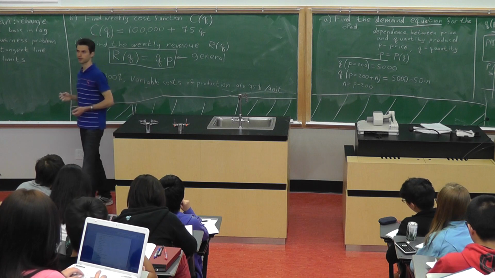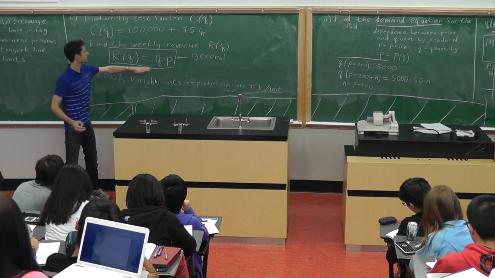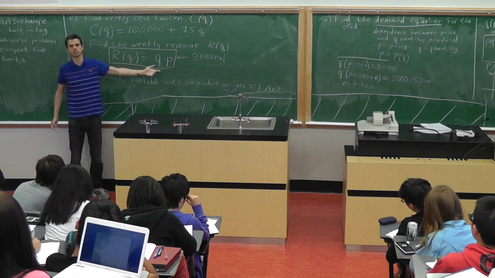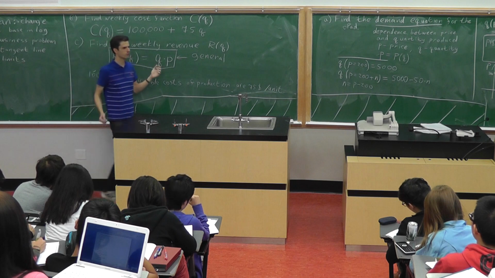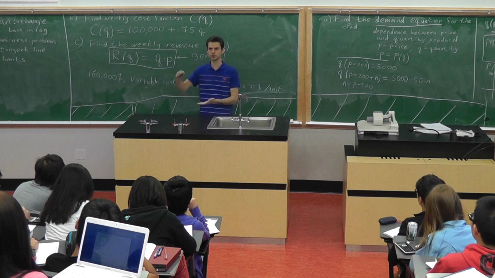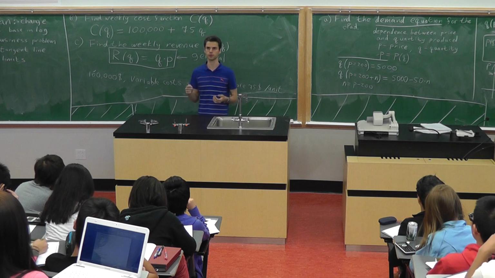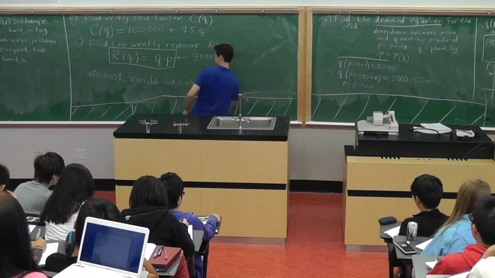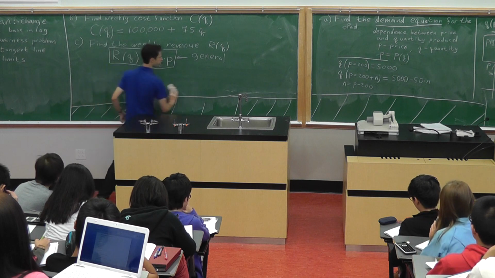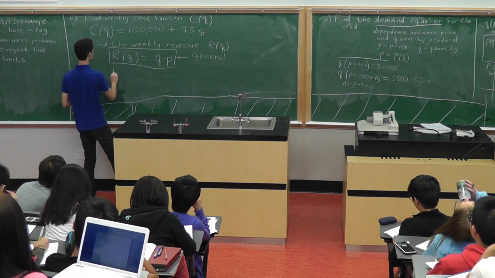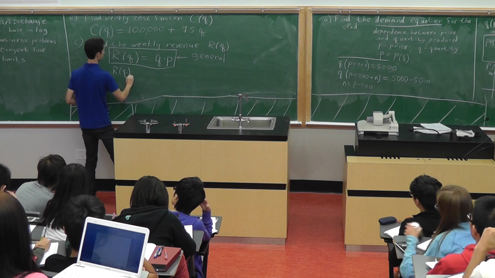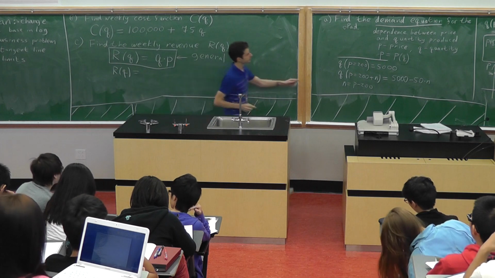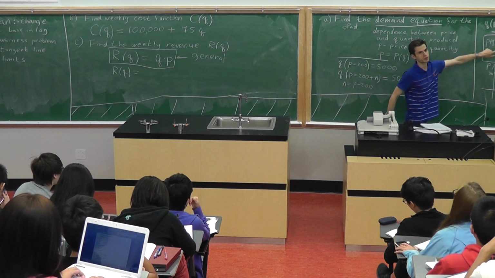The problem specific part is, well, how this price actually depends on quantity. We know that if you want to sell more units, you'll have to set price lower. If you want to sell fewer units, you'll set a higher price. So in our problem, the revenue is, well, here I have it.